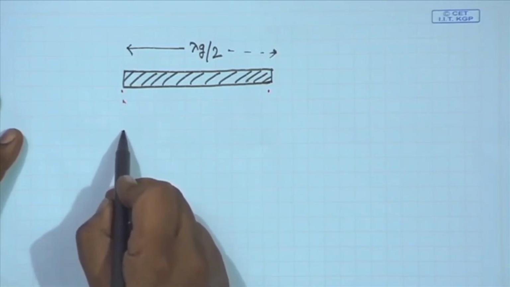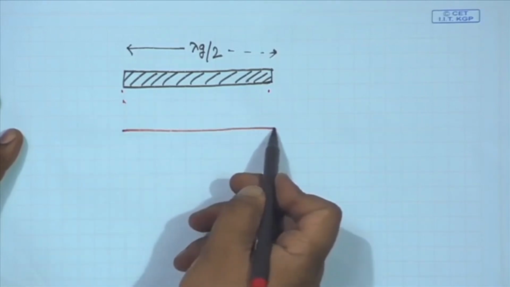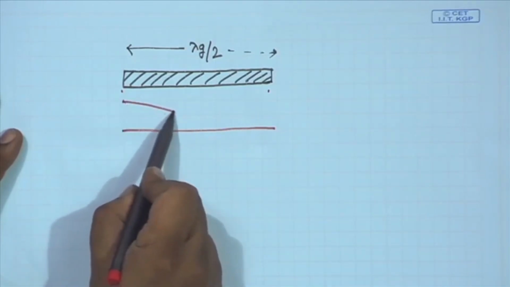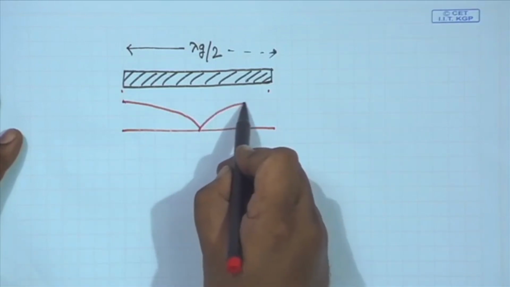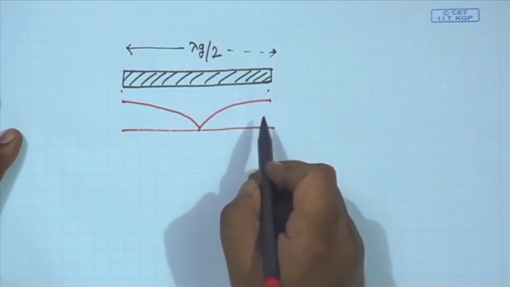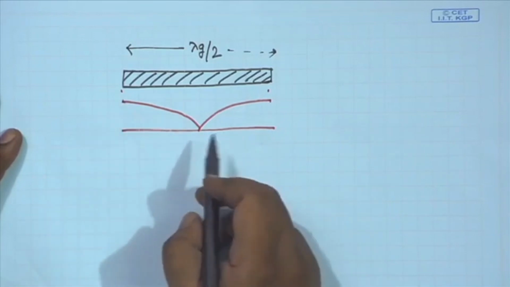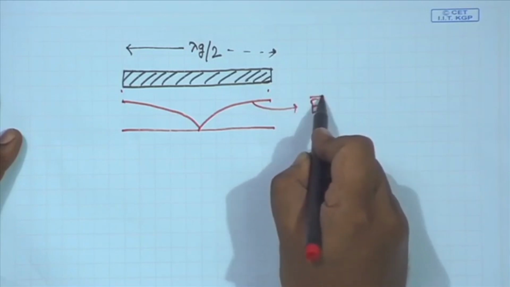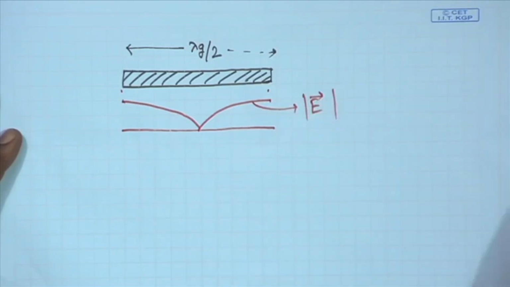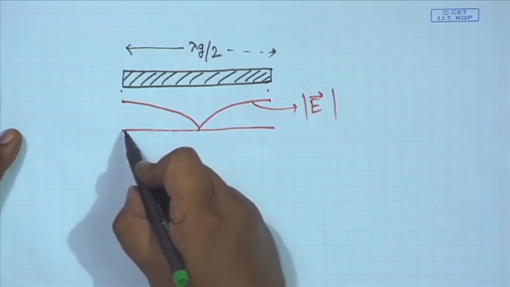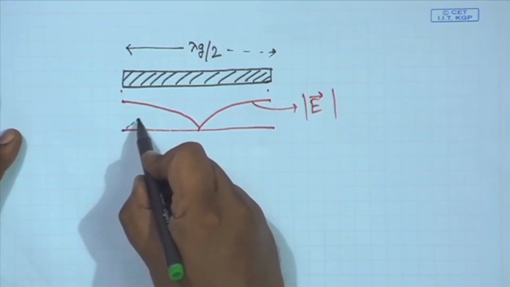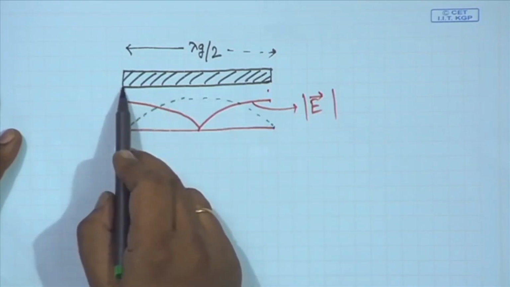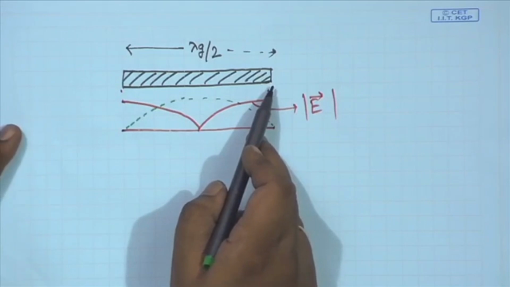So, at resonance frequency, if I plot the electric field along the line, we will have maximum at the leftmost and rightmost edges. And if I plot the current distribution, it will have just the opposite variation. It will have maxima on the central line and 0 at the ends, since the ends are open circuited.